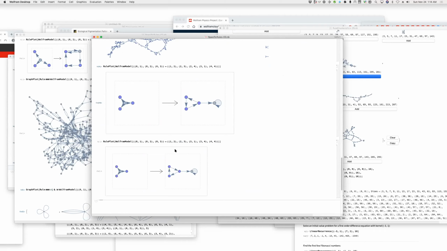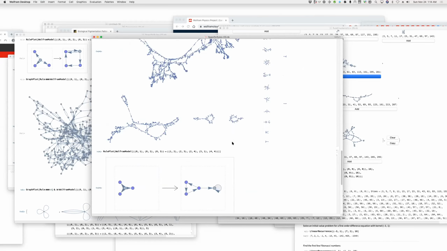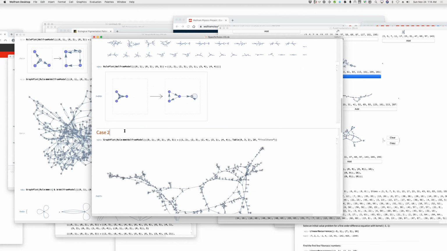Well, orientation is different. Does it actually make any difference? I don't think so. Then it's just evolution order that's different.